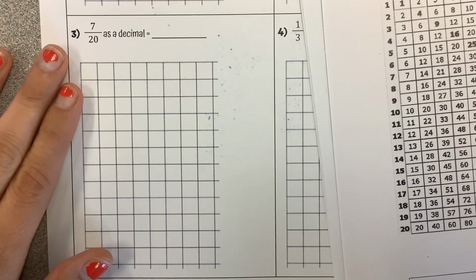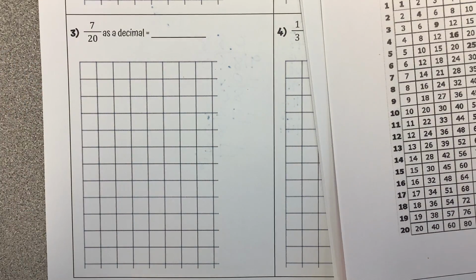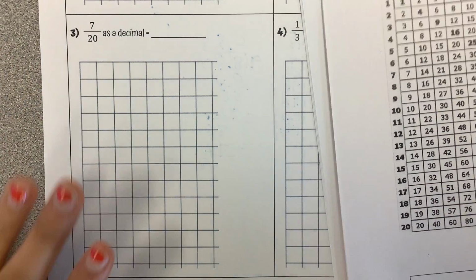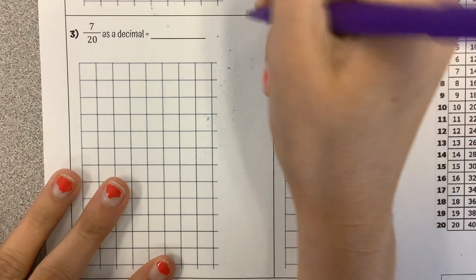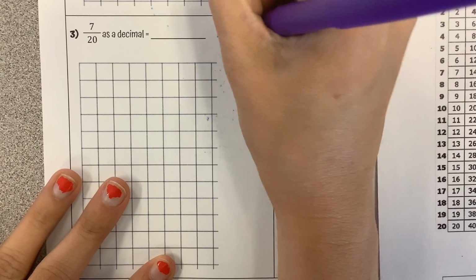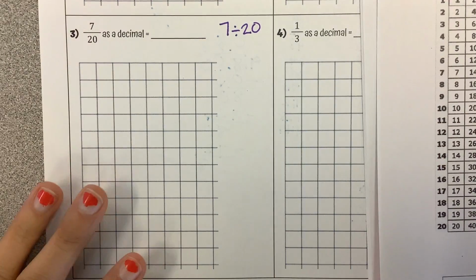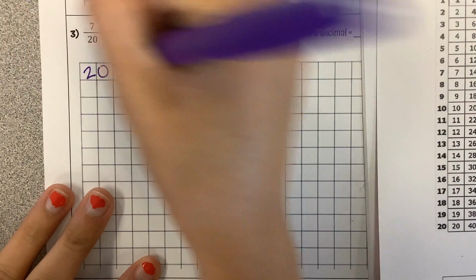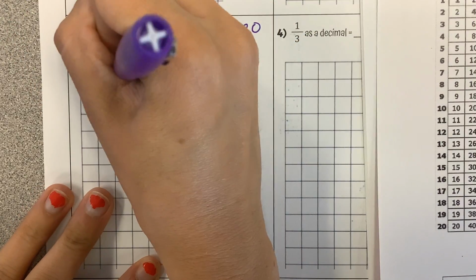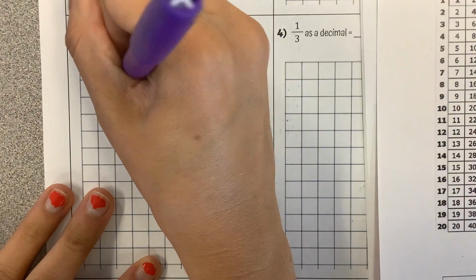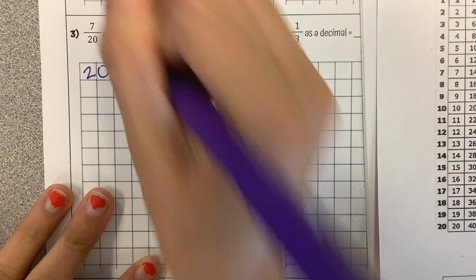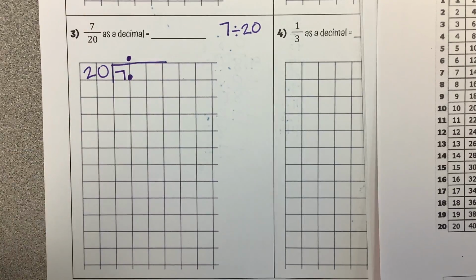Let's try another one. 7/20 as a decimal. That is a bigger number here, but again, we have our multiplication chart to help us. So 7/20 means 7 divided by 20. So 20 goes on our outside, 7 on the inside. I'm going to add a decimal inside and in my answer.